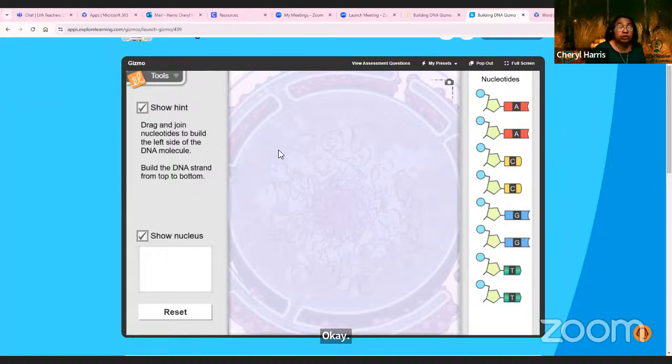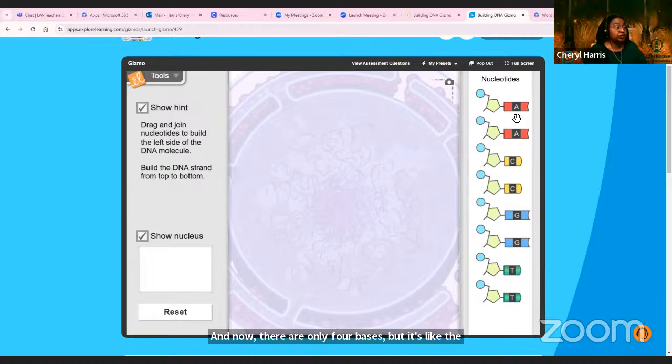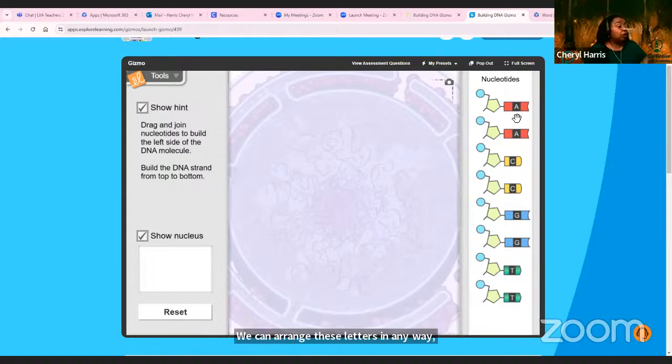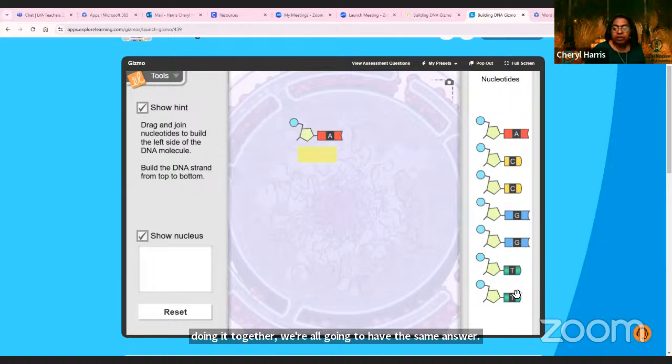We are going to drag, and now there are only 4 bases, but it's like the alphabet. There are 26 letters in the alphabet, and depending on how you arrange them will depend on what kind of words you form. We can arrange these letters in any way, shape, or form. If all of you were doing it, you probably would have arranged them in different ways, but because we're doing it together, we're all going to have the same answer. But you can drag these over in any way that you want to.